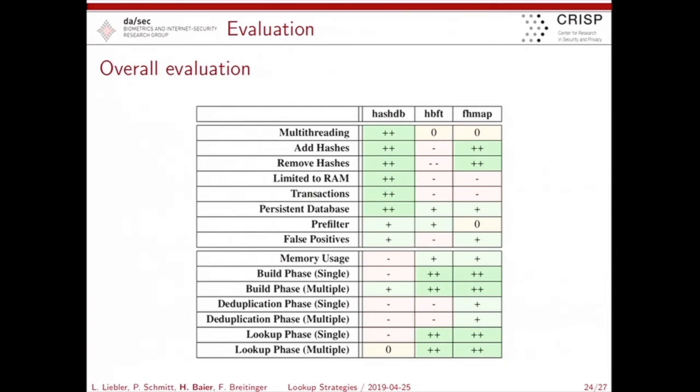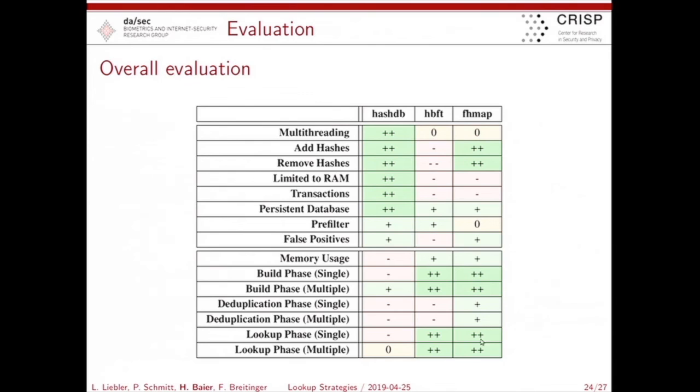And this is the overall picture, where we did some assessment of the different aspects. If you go through the different columns, you see that the HashDB has all the features before. We implemented that for HBFT and the flat hash map.